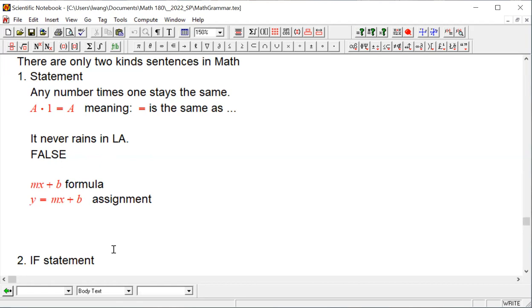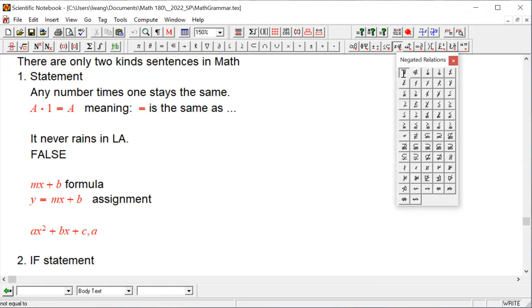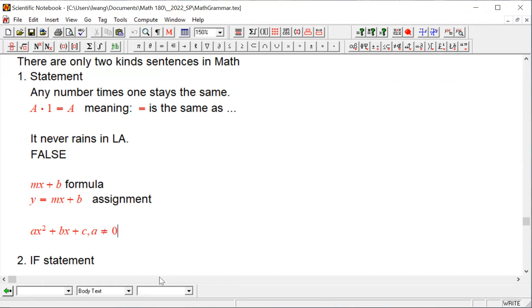Next, we will say a statement: ax squared plus bx plus c. This is also a formula. And we're going to tell you what a is. For example, we're going to tell you, hey, a cannot be 0.